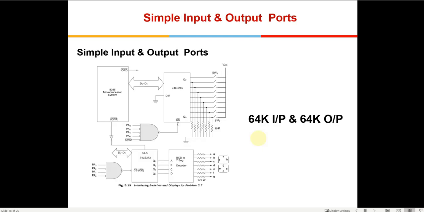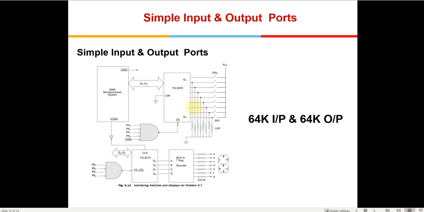Many of you might be thinking you can have only 2 to the power of 16 input output ports total, but that's not the case. You can have 2 to the power of 16, that is 64k input ports and 64k output ports, right?